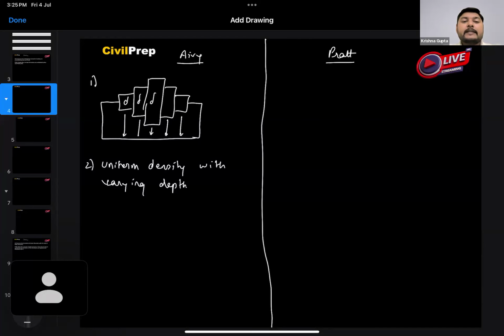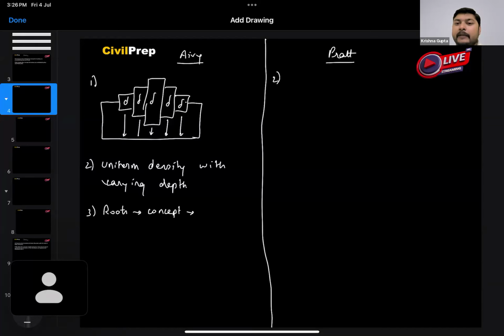Now Pratt did not believe this part. Basically, Airy said that there is formation of roots taking place. This root concept was provided by Airy, and Pratt said that it is not like that.